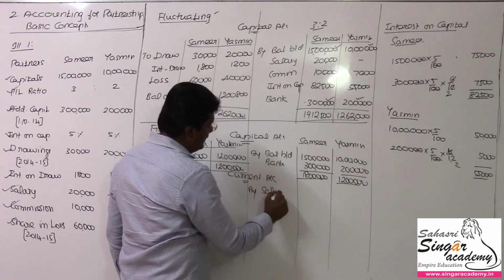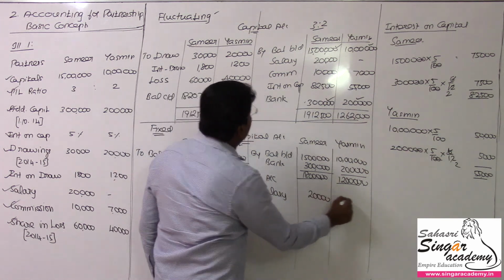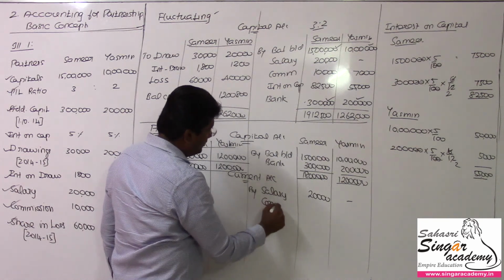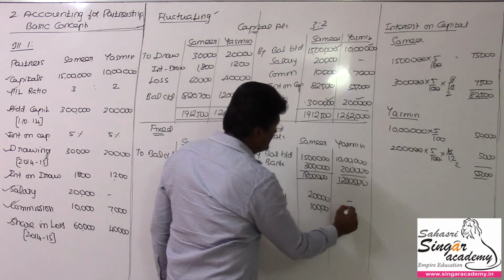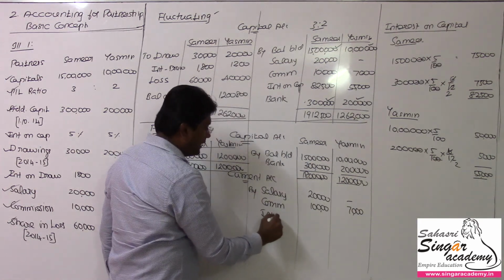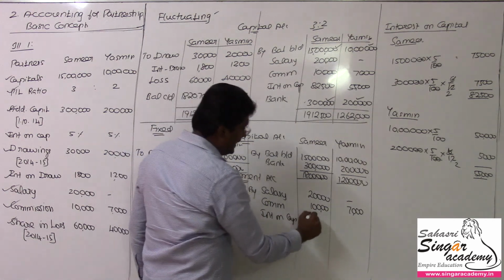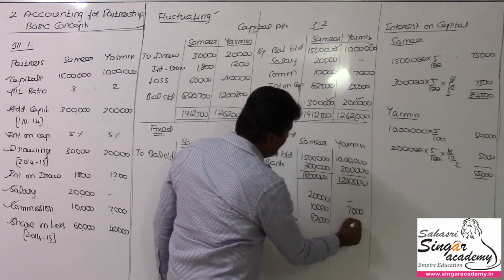Salary is given to Samir being 20,000, nothing for Yasmin, and commission for both the partners is available, 10,000 for Samir and 7,000 for Yasmin. Interest on capital we have already calculated, so I am just copying that: 82,500 for Samir and 55,000 for Yasmin.